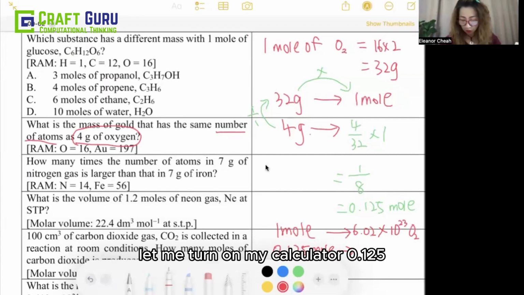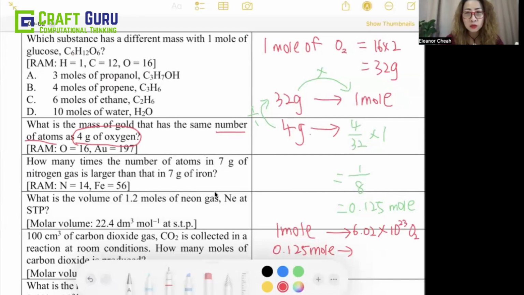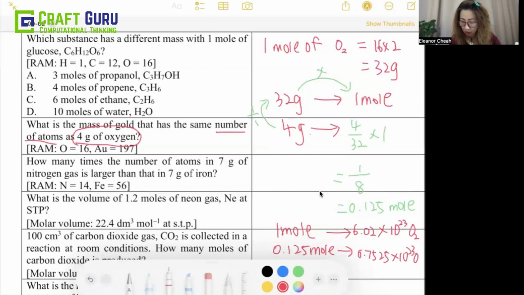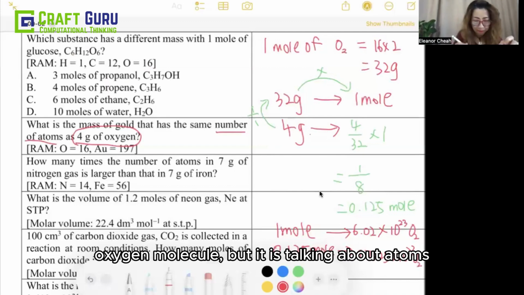We need to use the calculator a bit. Let me turn on my calculator. 0.125 times 6.02 is 0.7525 times 10 to the power of 23 oxygen molecules. But it is talking about atoms.